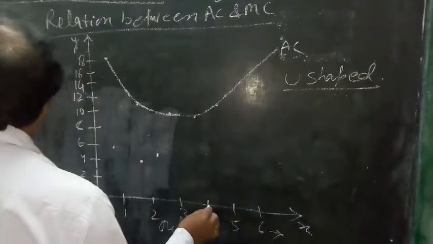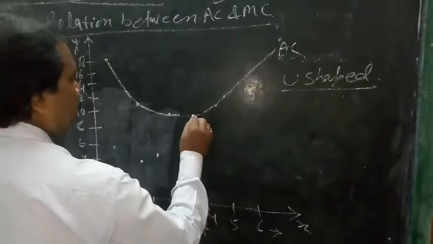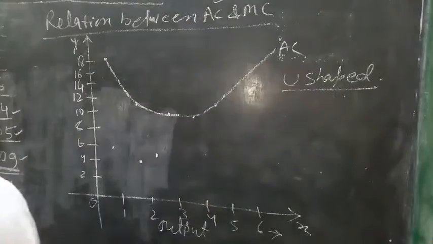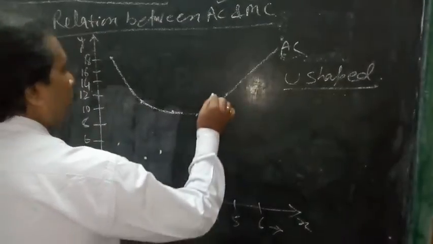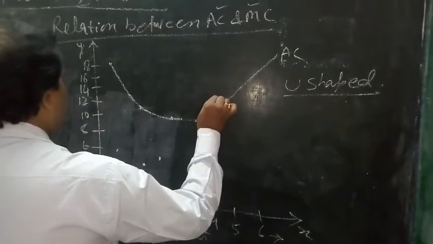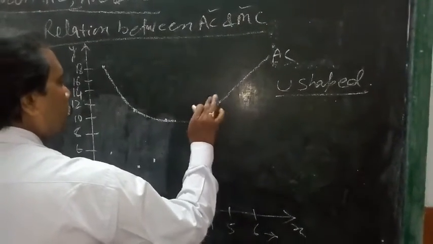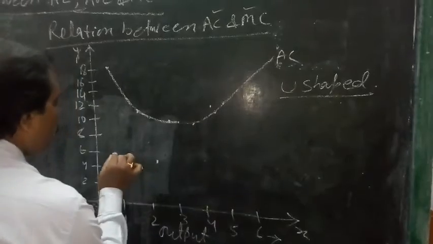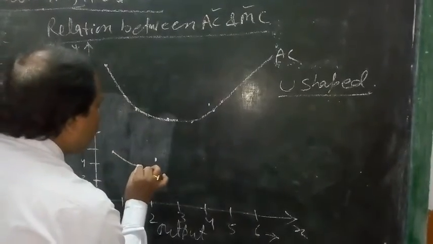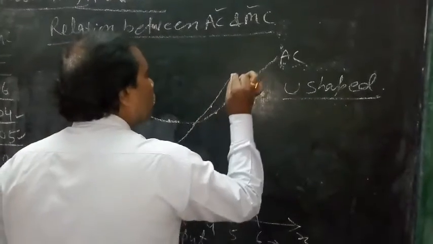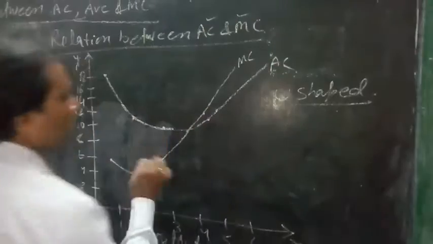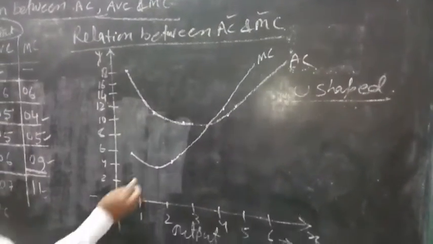When we produce the fourth unit, the value of MC is 9. And when we produce the fifth unit, the value of MC is 11. So here we find that MC is also U-shape.